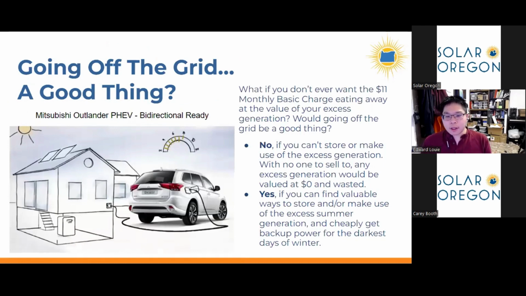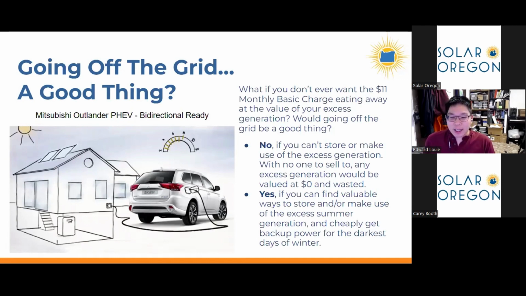And so the other option is to go off the grid. If you don't want to deal with the $11 a month basic charge, you can just not be connected to the grid, and then without an account with Portland General Electric or Pacific Power, they won't be able to bill you for $11 a month. But is going off the grid necessarily a good thing?